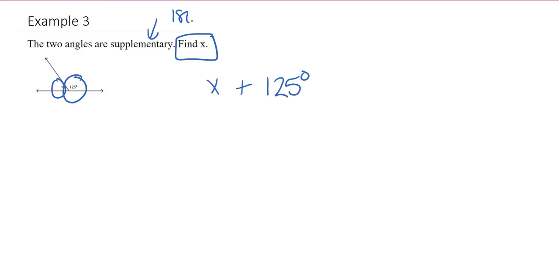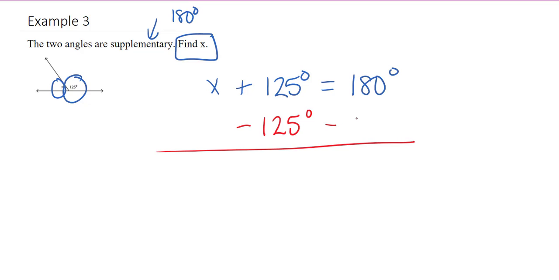Supplementary means they're equal to 180 degrees. So we just set it up. The two angles are equal to 180. One angle is 125, and we need to find the other one. So let's subtract 125 on both sides.